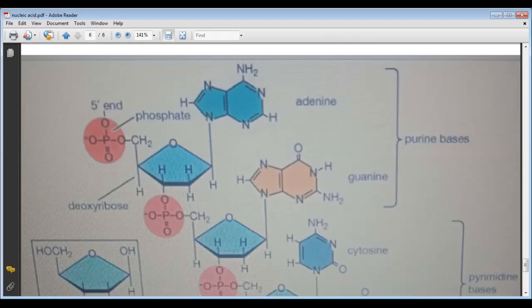So we can arrange the nucleotide, in which there are the base, the pentose sugar, and the phosphoric acid. These three components, base, sugar, and phosphoric acid, combined together form a unit.